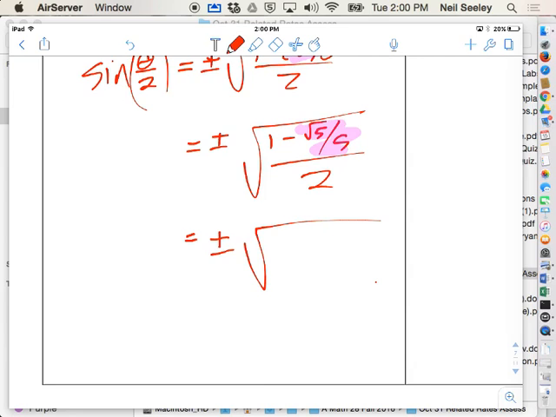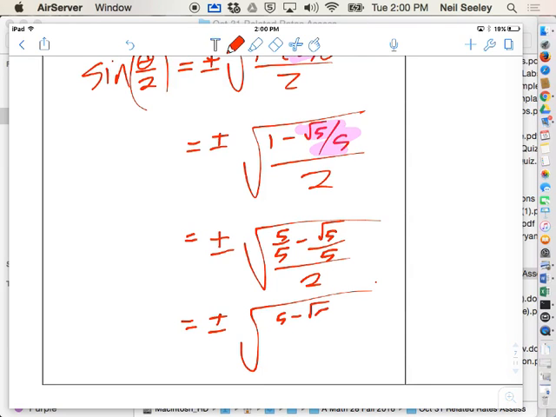Combine those. So this ends up being 5 over 5 minus square root of 5 over 5 on the top, over 2. I want to see that, and I'll show you why in a minute. You can get really close to simplifying this. The top would be 5 minus the square root of 5, over 5, if I put those two together.